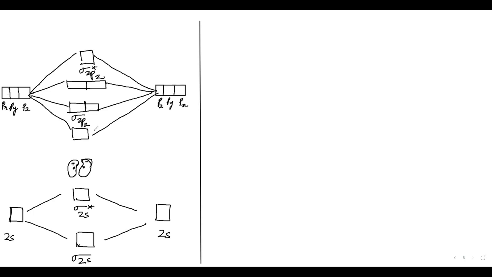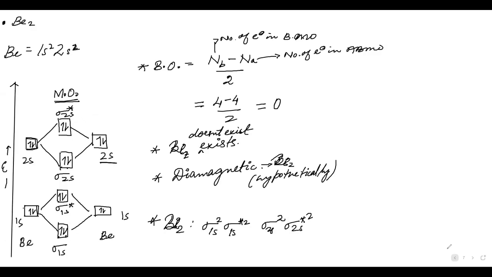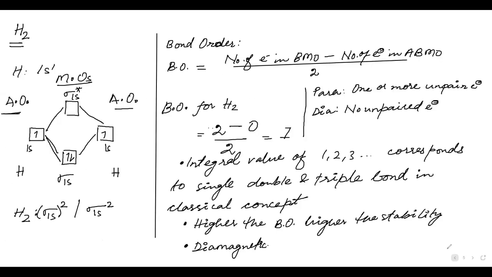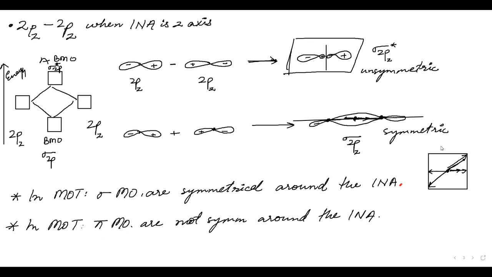Both are mutually perpendicular to Pz, and we know which will have greater bonding. Sigma will have a greater bonding. This is sigma 2pz, let me just write it here. Now let us look at the shape of sigma 2pz. Right, this is the shape, correct? Yes, sir.